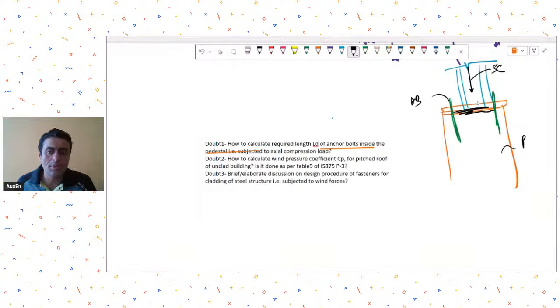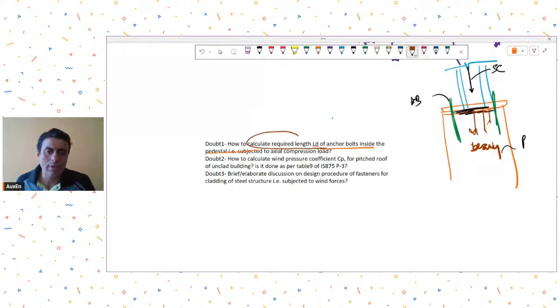What is our assumption behind it? For compression force transfer, we assume that the transfer will take place through bearing. So our assumption is that no forces will be transferred to the anchor bolts, and most of them will be transferred through bearing between the base plate and the concrete pedestal.